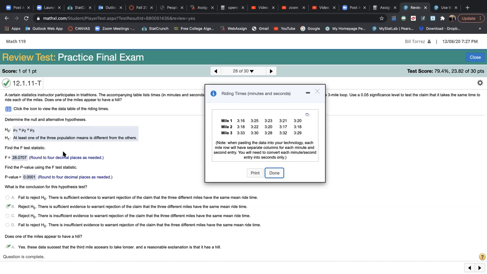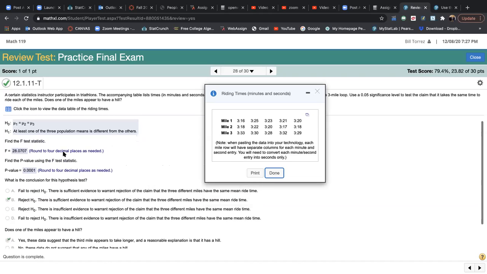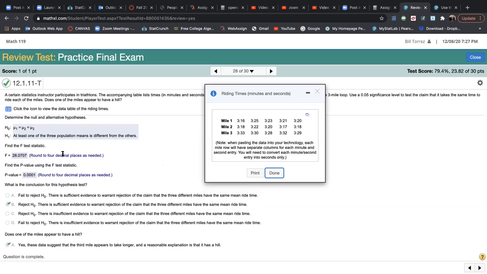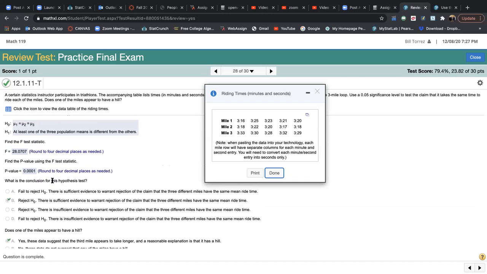So let's compute the F statistic using the data from the table and its corresponding p-value, and then we can make the conclusion for this particular hypothesis test.